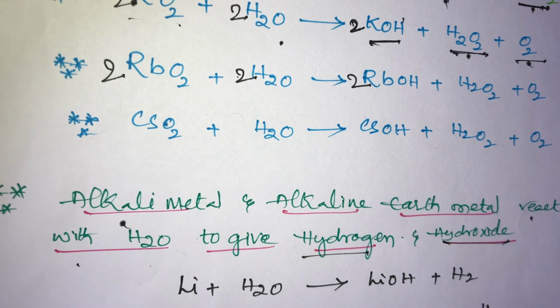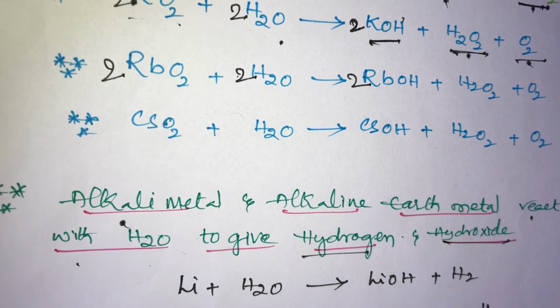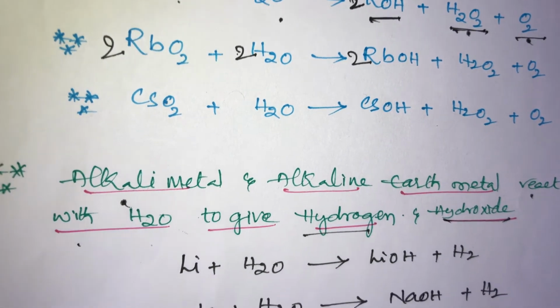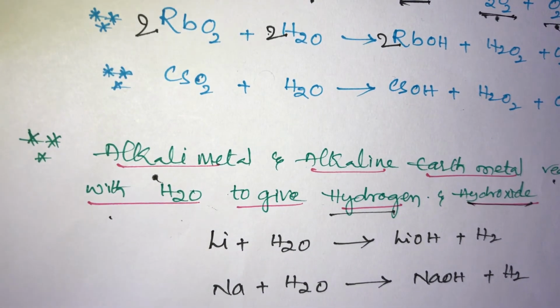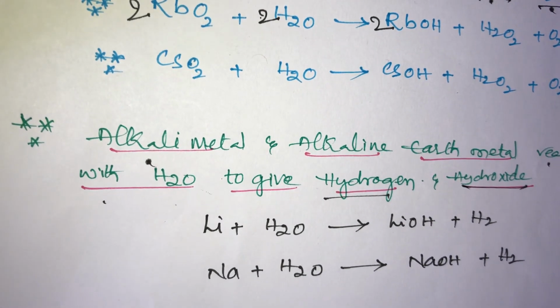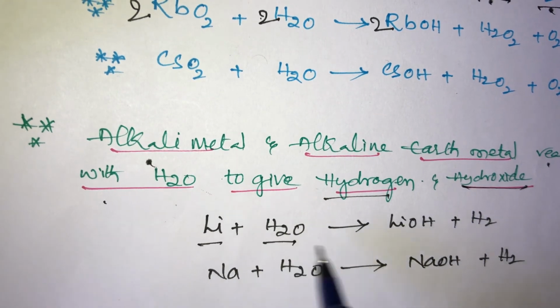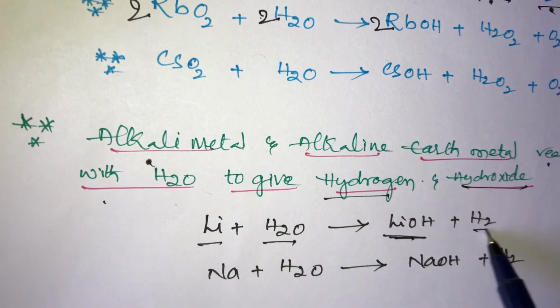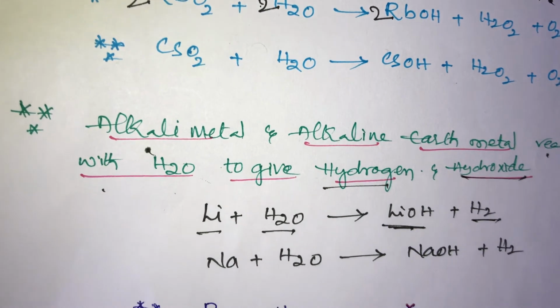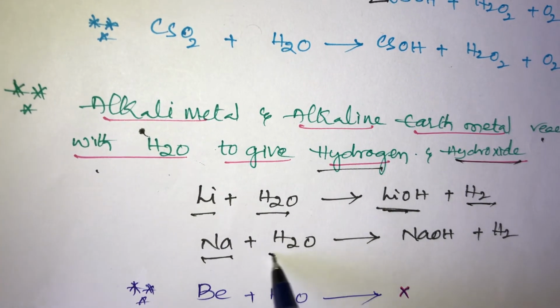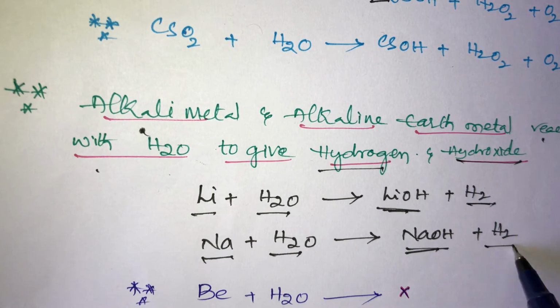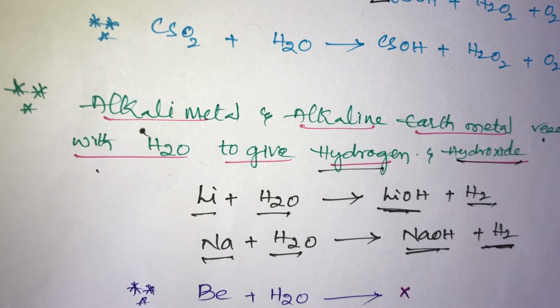Now take alkali metals like lithium, sodium, potassium. When lithium reacts with water it forms lithium hydroxide and hydrogen gas, and when sodium reacts with water it forms sodium hydroxide plus hydrogen gas. It is also very important, students.